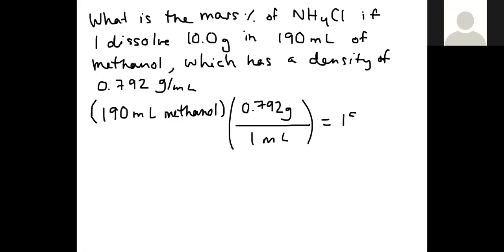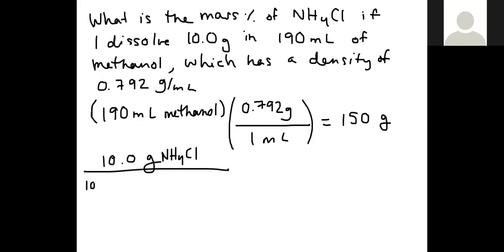150 grams of methanol, 149 for something, but if we do sig figs, it's 150. Then we take 10.0 grams of NH4Cl over 10.0 grams of NH4Cl plus 150 grams of methanol.